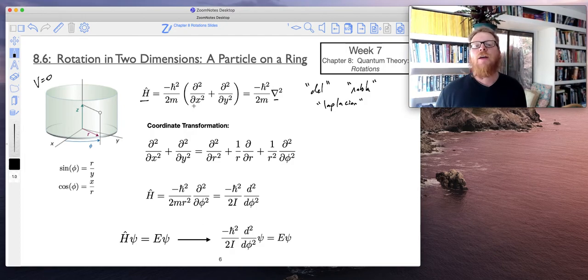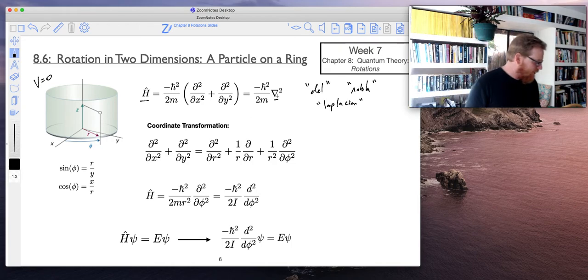We can have the two-dimensional del squared, or we can even have the three-dimensional del squared that would include the z dimension. Okay? We're going to get used to seeing this. I like to refer to it as del squared, but nabla, Laplacian, and del are all appropriate names for that operator.